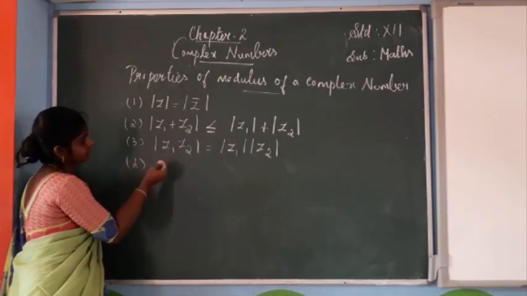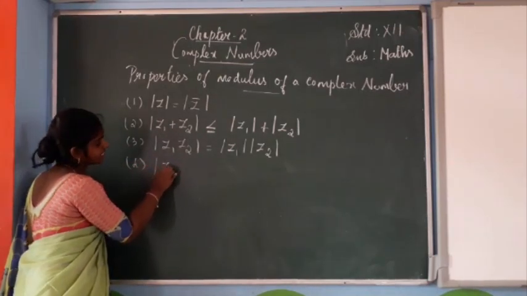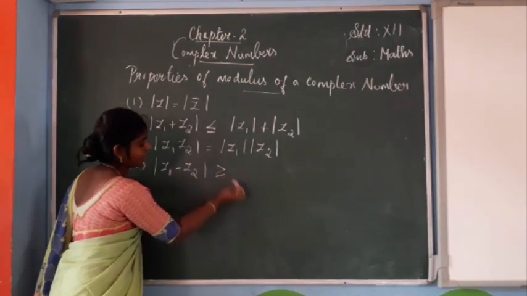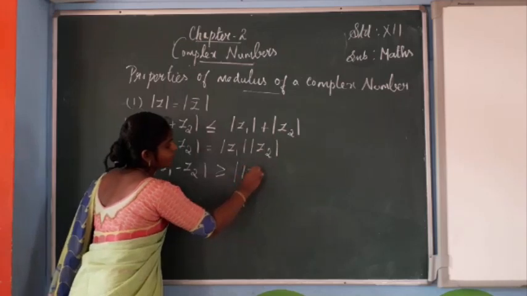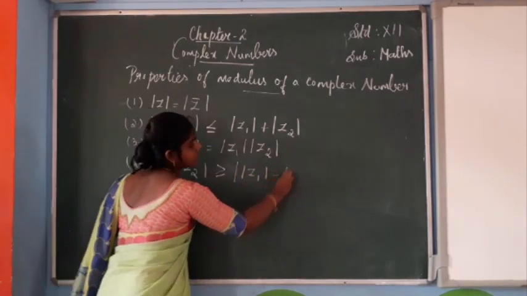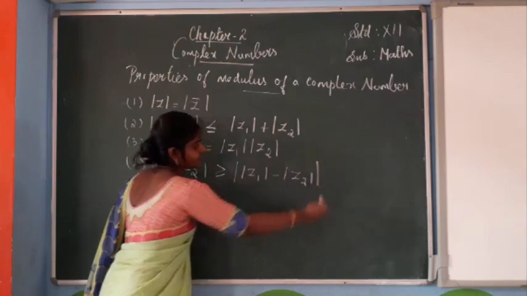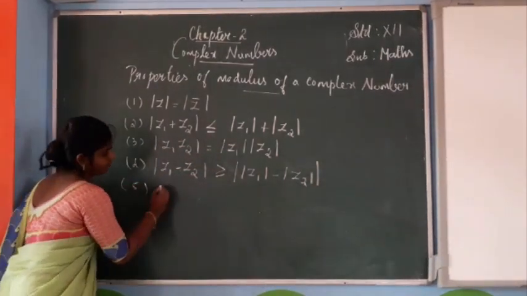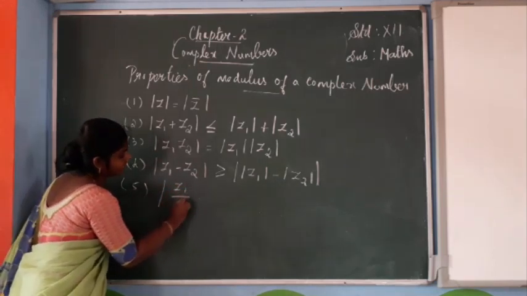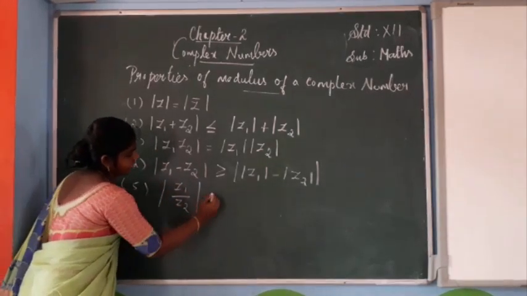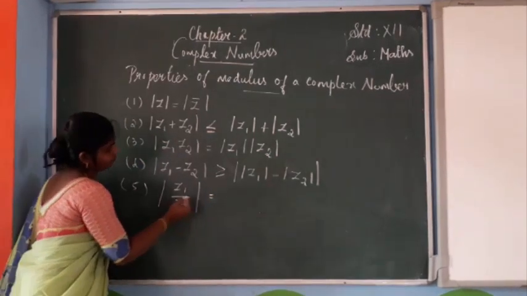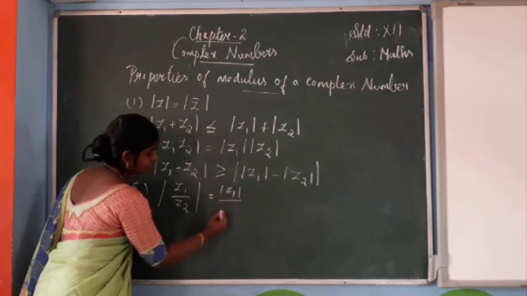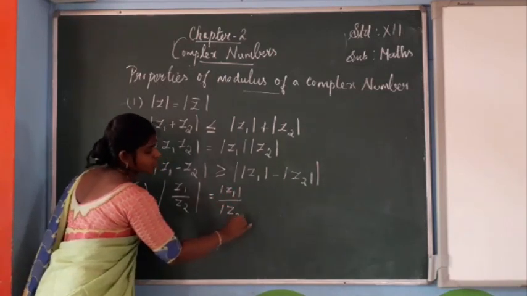Fourth one, modulus z1 minus z2 is greater than or equal to modulus z1 minus modulus z2. Fifth one, modulus z1 divided by z2 is equal to modulus z1 divided by modulus z2.